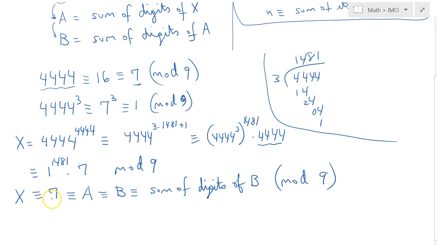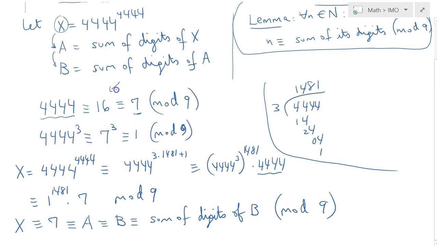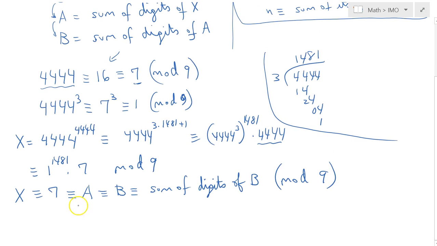So this follows, so this is a repeated application of our lemma. So we have used our lemma earlier here, but we repeatedly keep applying our lemma here and here as well to get this result. So therefore, now I have more or less an understanding of what's going on.